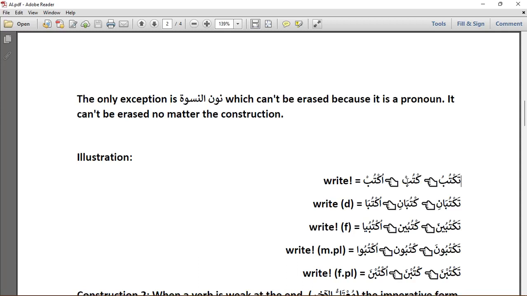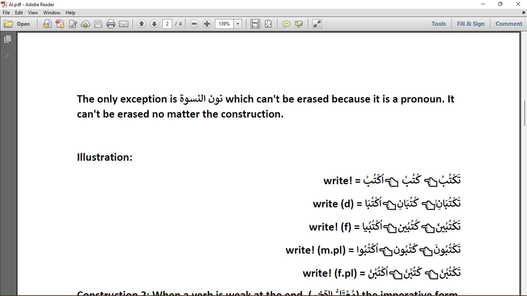Then because we can't pronounce the ka with a sukun, we have to add hamzatul wasl, and we give it damma because our ta is taking damma. So we have uktub. Firstly we remove the harful mudara'a, then we give the last letter sukun, because this is a singular male verb.